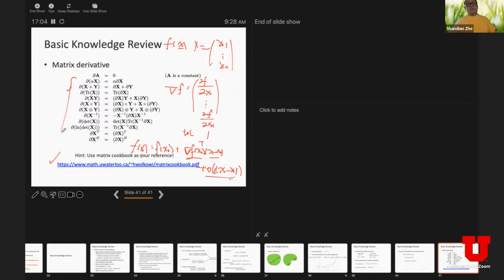In fact, in most cases, you don't even need to memorize that. You just need to look up some dictionary. So here we list a set of the most commonly used matrix derivative rules. If you take a derivative over a constant matrix, it'll simply be 0, a matrix filled with 0.